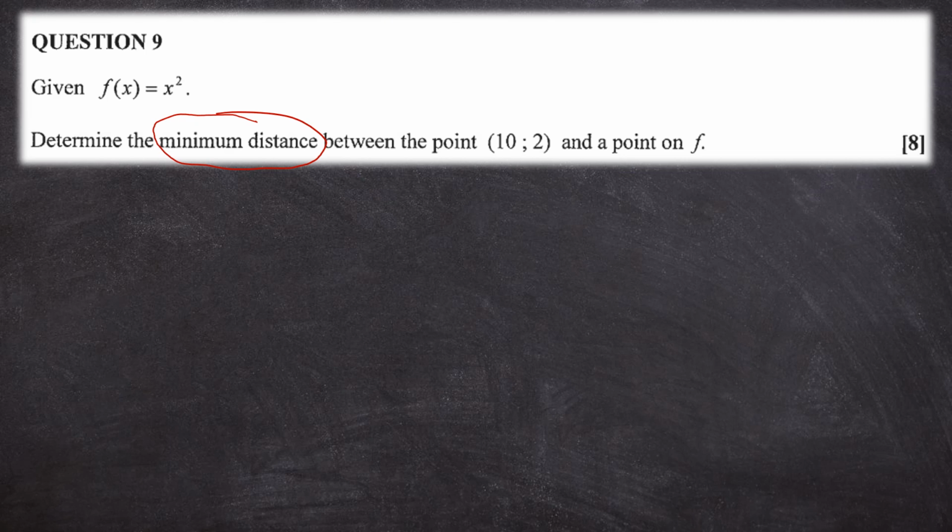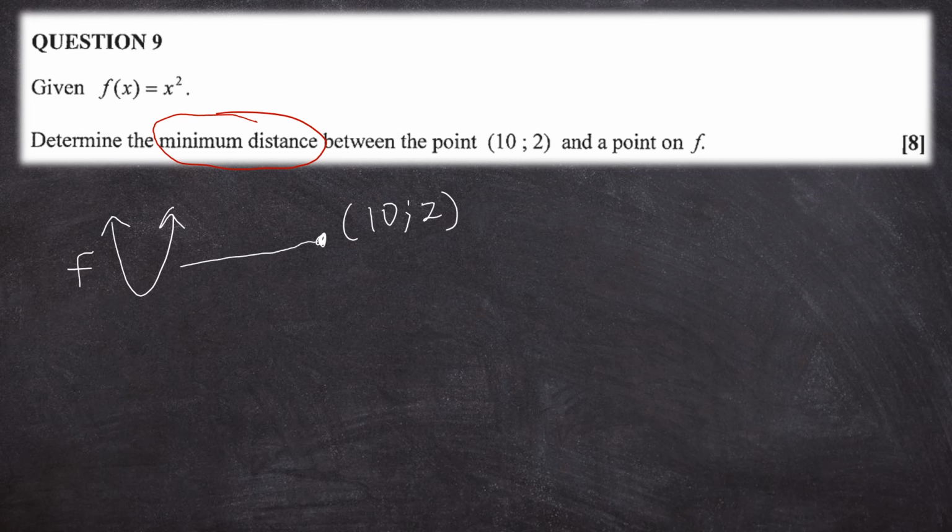So it's quite tricky because they didn't even put a diagram for you, but you can just make a diagram to simplify the question. So this is our parabola, f of x equals x squared, right? I'm just going to call it f. So what's happening is that they gave you a point somewhere. Let's just put this point here, which is (10, 2). Then they're saying, find the minimum distance between this point (10, 2) and a point on f.